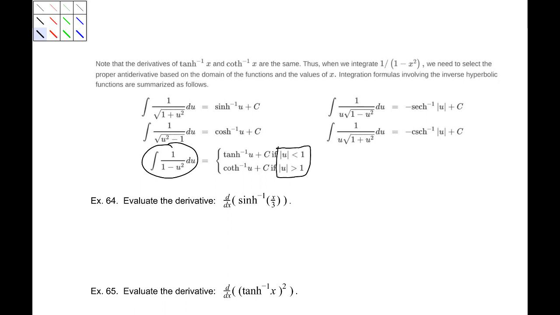So the derivative of inverse hyperbolic sine of x over 3. I want to make note that I have u is x over 3. So my du is 1/3 dx. So when I take care of this, I'm going to have a 1/3 factor hanging around. So that is inverse sine, so that is going to be 1 over the square root of 1 plus u squared, 1 plus x over 3 squared.